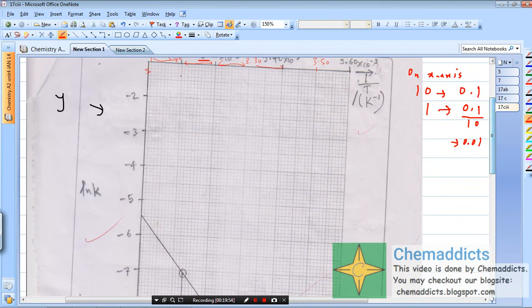Let us look at the y-axis. On the y-axis, 10 boxes represent 1 unit. So one box would represent 1 by 10, which is 0.1. So each small box represents 0.1 unit on the y-axis.